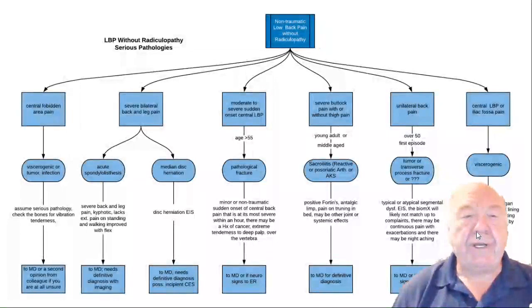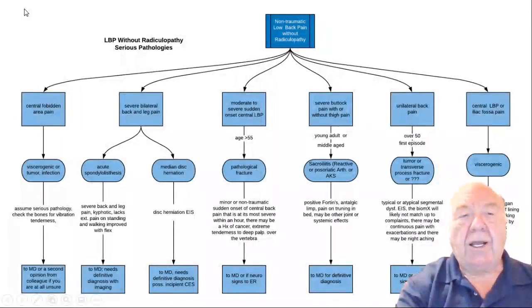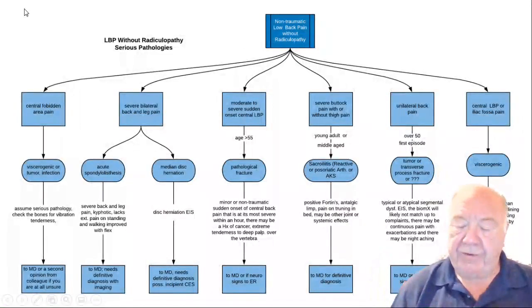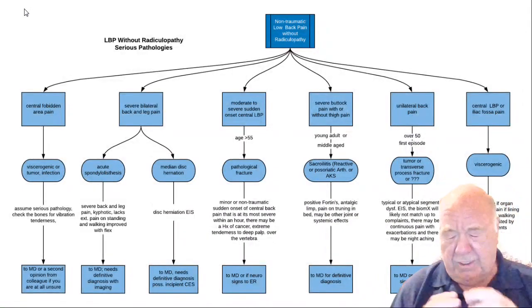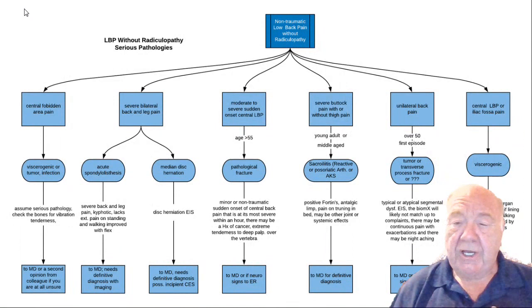So if we're looking at more serious pathologies, if we come onto the right side here, we've got the forbidden area of pain. Now this is a strip of skin about level with L1, L2, so it's below the thorax and above the mid-lumbar spine. Difficult to tell exactly where this is, but it's somewhere in that region.